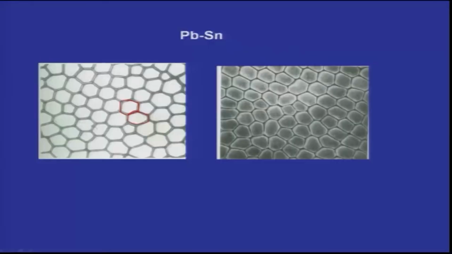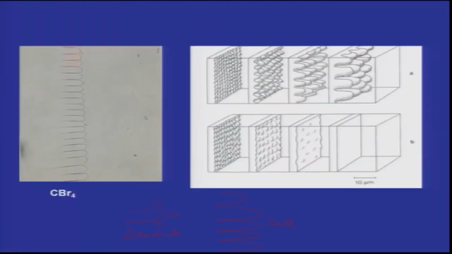So the cells can be like the one I drew, or they can be like hexagonal units, okay. It is possible to have that, but the origin of the cell is the formation of small perturbations on the surface, and these then grow because of the high driving force available to them. I just discussed that.